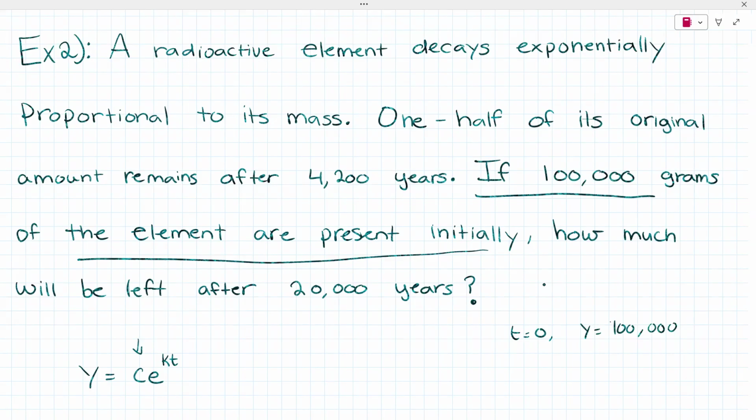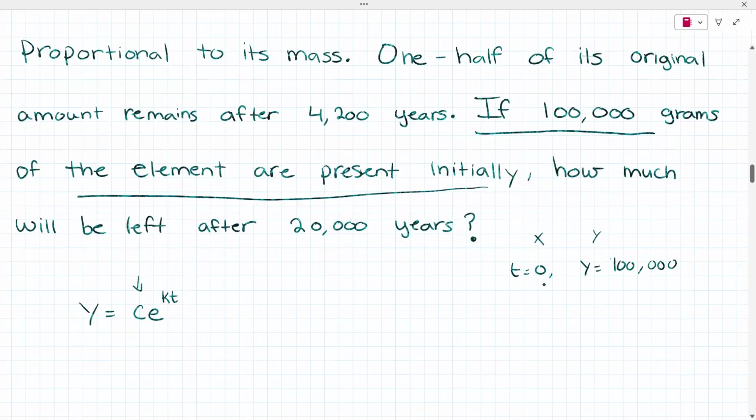So yeah, you don't even have to plug it in. If you plug it in though, you'll see that C is 100,000. But if you want to plug it in as a coordinate, remember t is your time, your x, and your y is your amount.